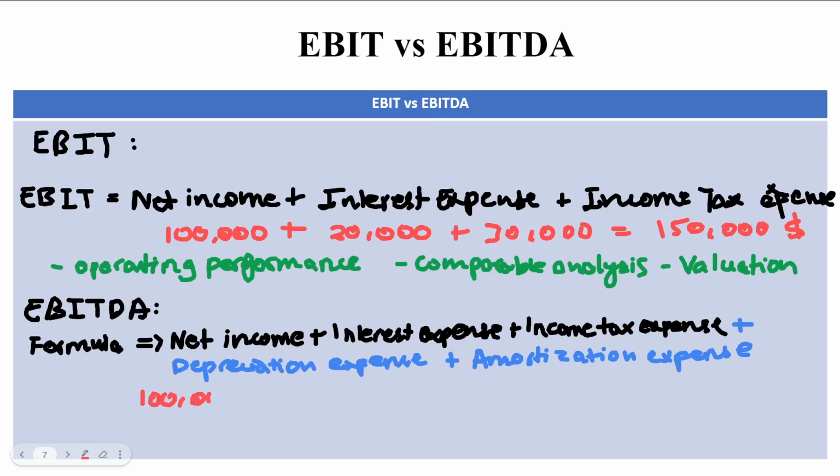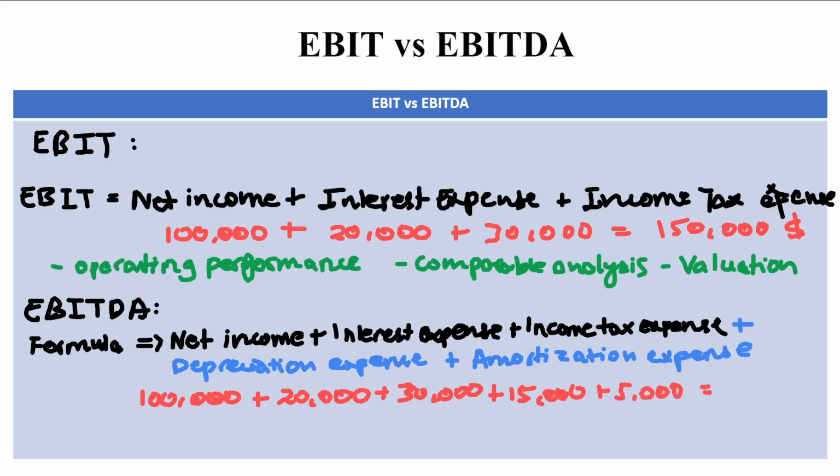So, 100,000 plus 20,000 plus 30,000, and then we have an additional 15,000 as depreciation and 5,000 for amortization. If you add all this up, you're going to get a grand total of $170,000, and that is our EBITDA, or earnings before interest, taxes, depreciation, and amortization.